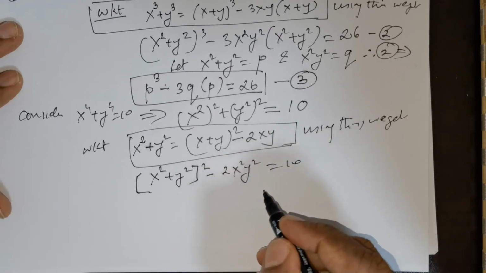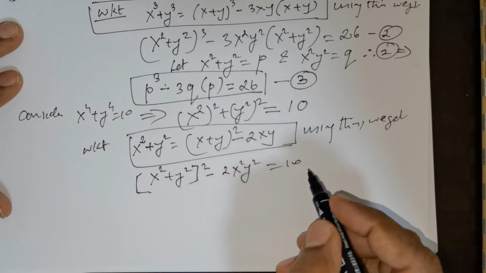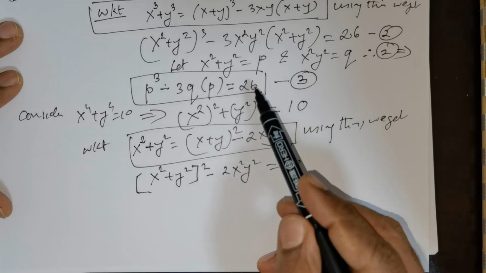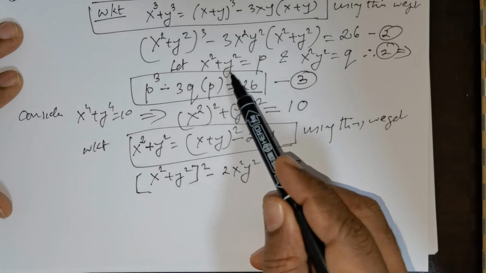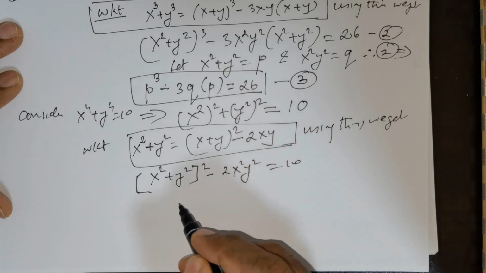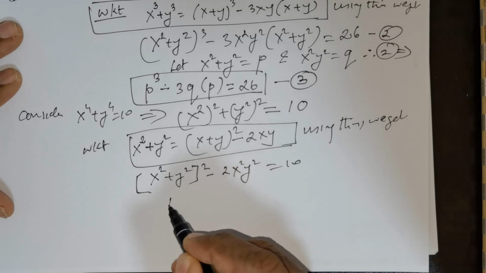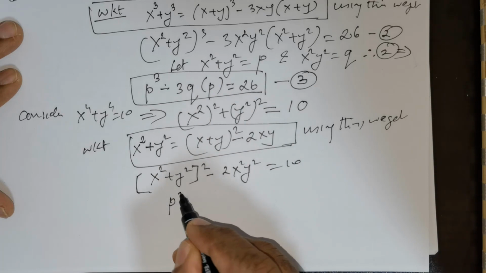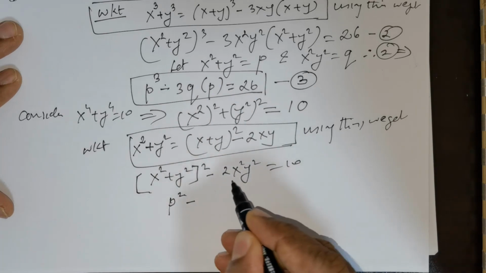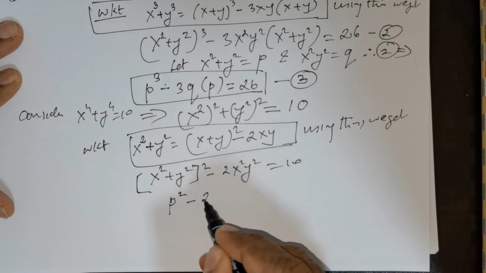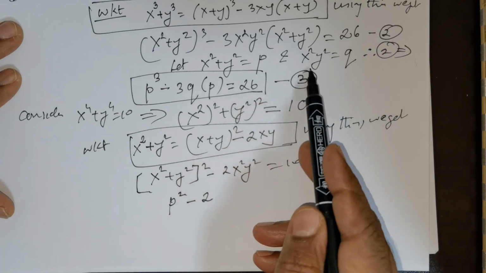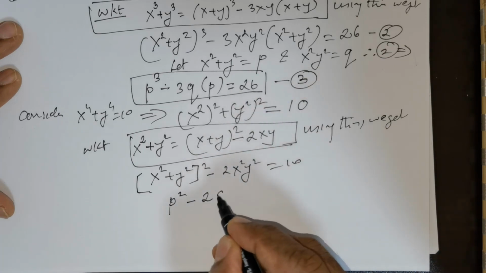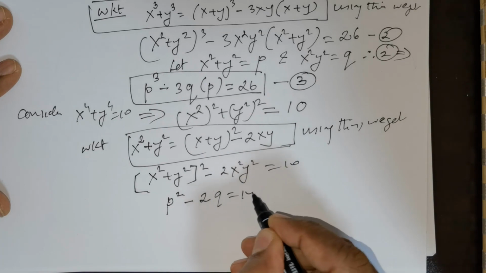So we got that out. Now we already made an assumption that x squared plus y squared is equal to p. So can I substitute p in place of x squared plus y squared, raised to the power of 2, and x squared y squared is equal to q, and this is equal to 10.